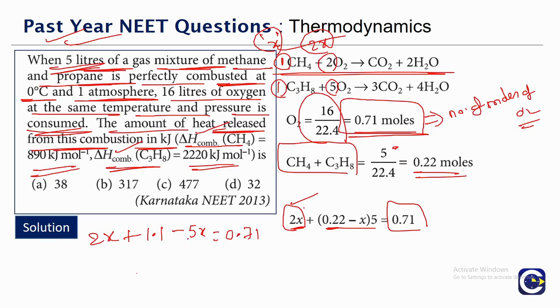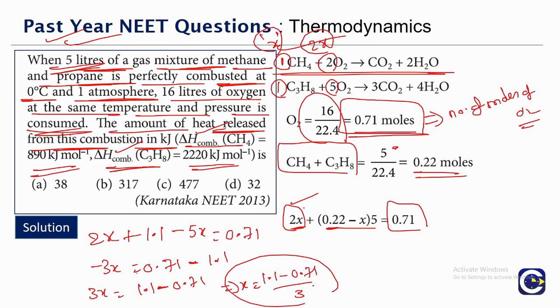So 2x minus 5x is minus 3x, equal to 0.71 minus 1.1, which means 3x is 1.1 minus 0.71. From this, x will be 1.1 minus 0.71 divided by 3.